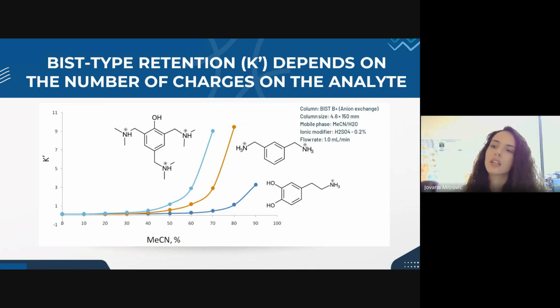This means we can use charge density to fine-tune retention, optimize selectivity, and separate analytes that differ by, let's say, just a single ionizable group. And this charge-based control gives BIST a unique advantage, especially for polymers, oligonucleotides, and other biomolecules with variable ionization states.